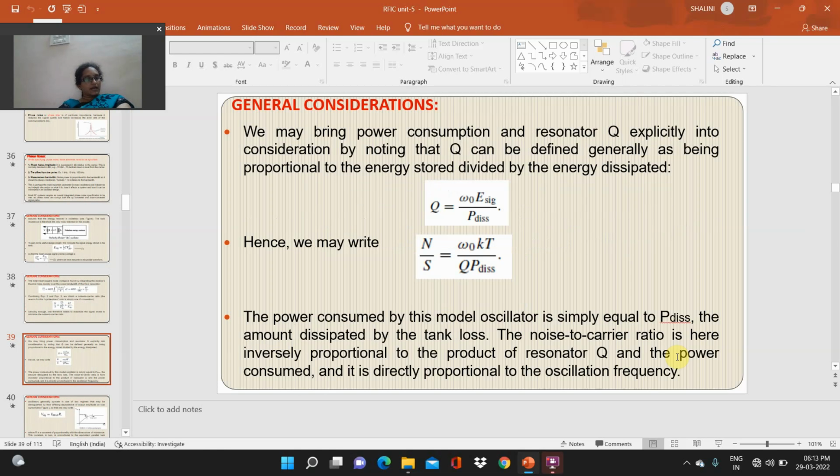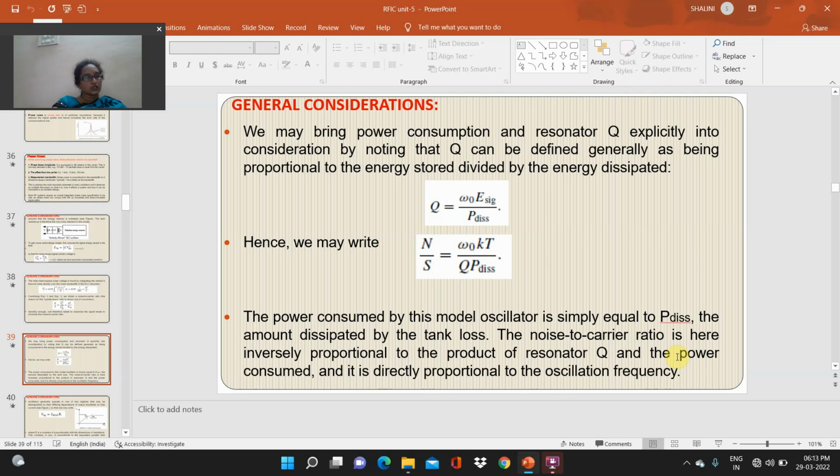We may bring power consumption and resonator Q explicitly into consideration by noting that Q can be defined generally as being proportional to the energy stored divided by the energy dissipated. That is, Q is equal to omega naught E sig by P dissipation. Hence, we may write N by S is equal to omega naught kT by Q P dissipation.